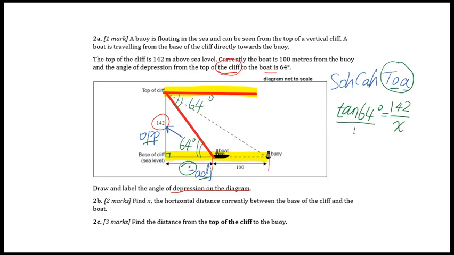We'll put this over 1. Then cross multiply. The same line with the variable will go to denominator. Therefore, x equals 142 over tangent 64 degrees.